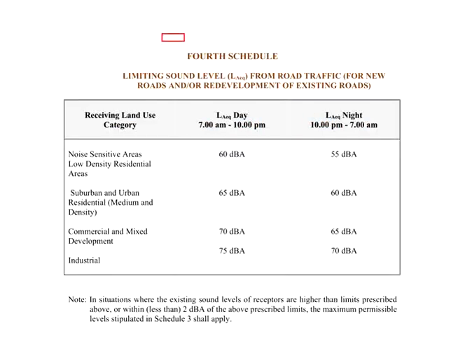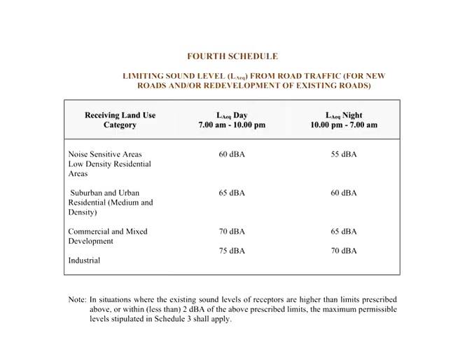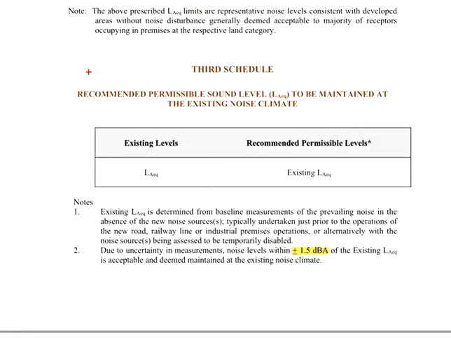Next, we talk about the fourth schedule. This is for the road traffic, applicable both for the new or redevelopment of the existing roads. In the case that the existing noise level for road traffic is higher than what is stated in the fourth schedule, Schedule 3 shall be applied on the same basis of not making the noise condition worse.